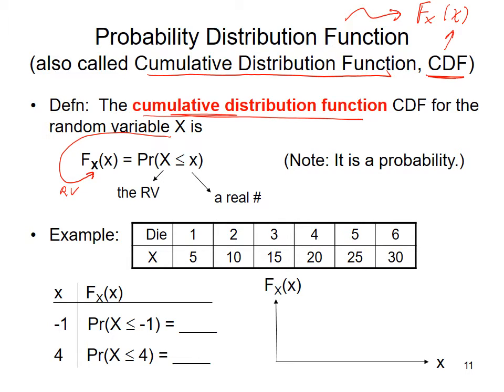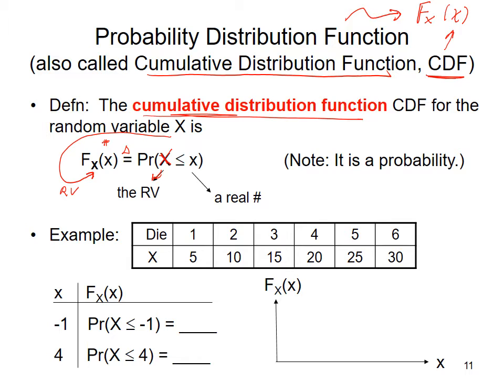And then there's going to be a number, a little x here, that is actually a real number. And so the definition right here is capital F sub x of x is the probability that the random variable capital X is less than or equal to the number, whatever the number of little x is. Okay?